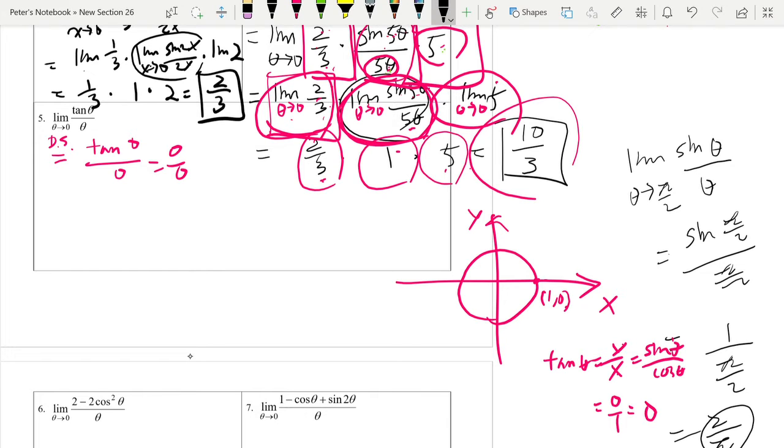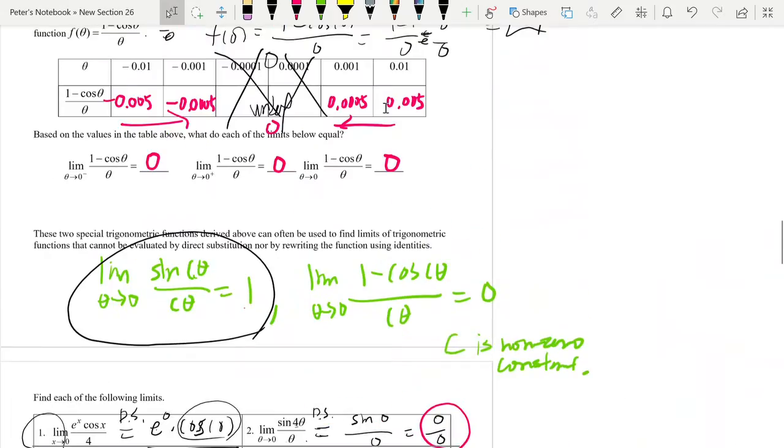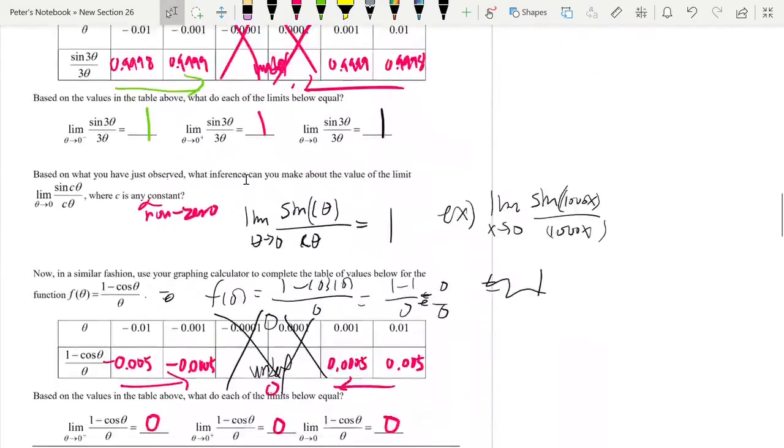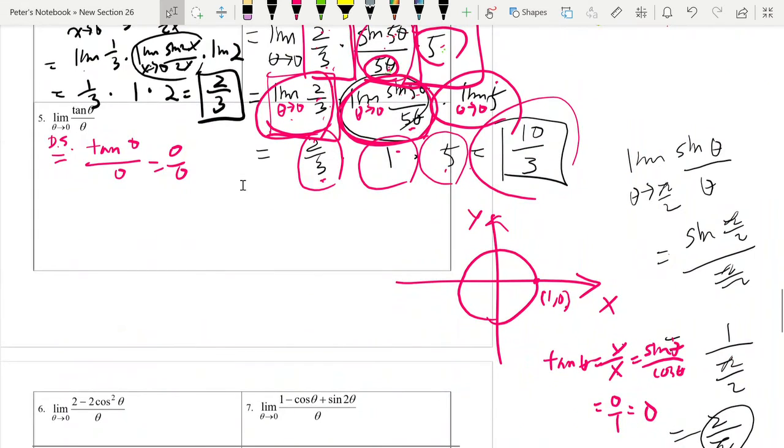Is it like, oh, I don't see anything that really helps me out here. It's a little tricky. So again, it comes with experience. What you're going to do is, maybe I play it this way. I know tangent of theta is equal to sine theta over cosine of theta, right?